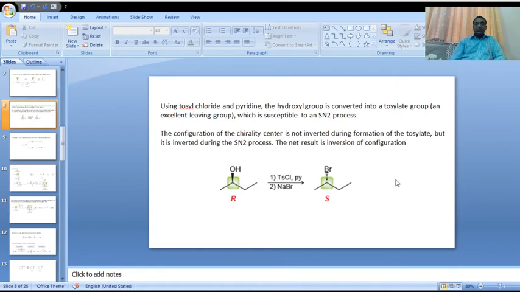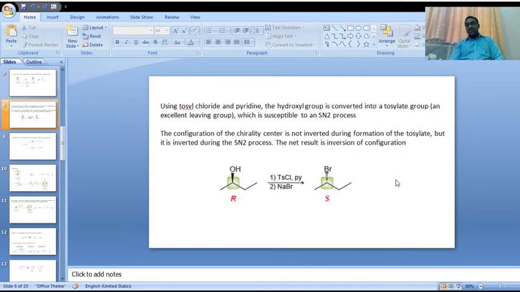Is it clear? The starting compound, alcohol, on reaction with tosyl chloride and pyridine forms the tosylate functional group. It is an excellent leaving group, but in the formation of tosylate there is no inversion; it stays as it is.